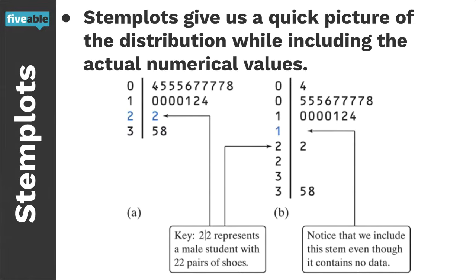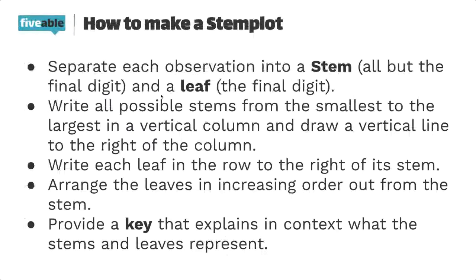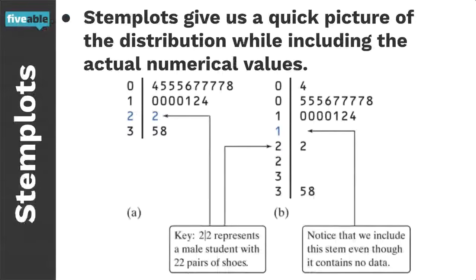So it starts 4, then 5, then 6, then 7, then 8. Then you always provide a key that explains in context what the stem and leaves represent. So again, going back to our example, we have our key down here. We have 0|4, which would represent a male student with 4 pairs of shoes.